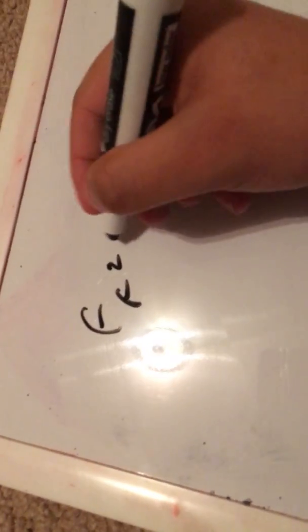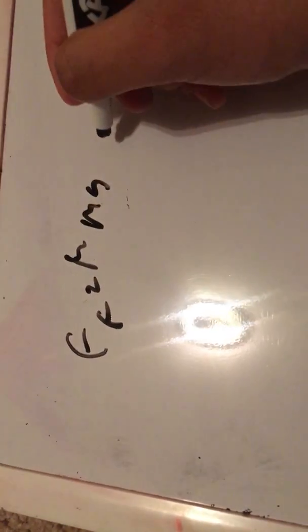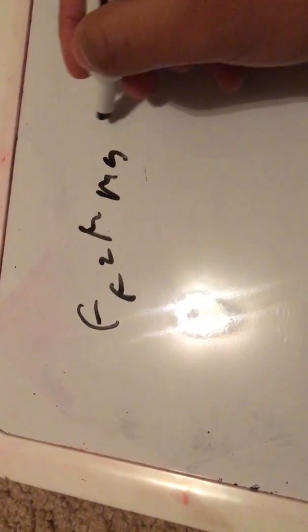Using this, we can find the force of friction. Once again, force of friction is the coefficient of friction times the normal force, which is mass times gravity, also measured in newtons.